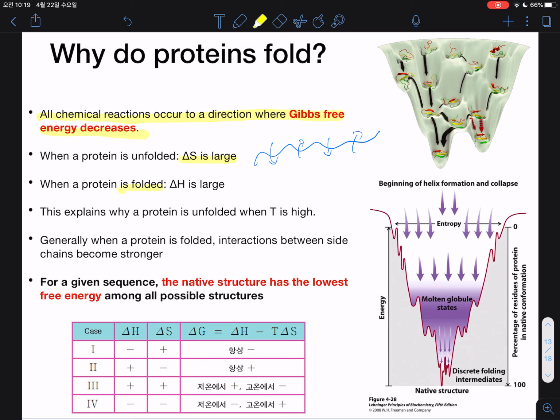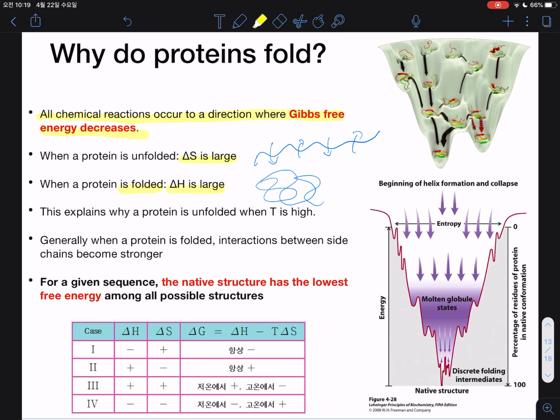But when the protein is folded to a specific structure, they don't rotate as much as when they are unfolded. Instead, the atoms are closely contacting each other, which means that they have lower electrostatic energy, and also they have lower van der Waals energy, right?